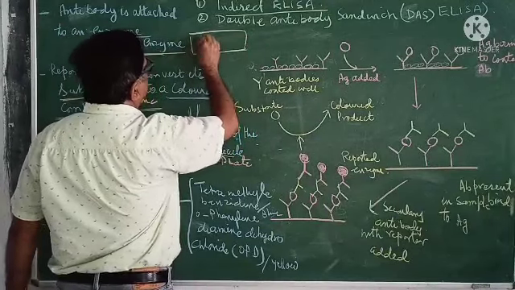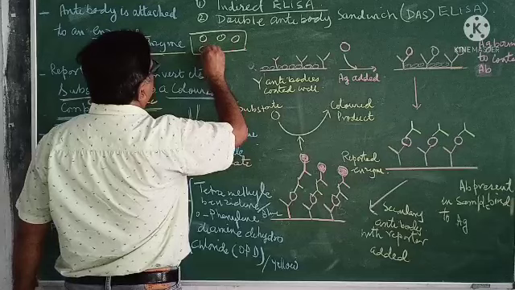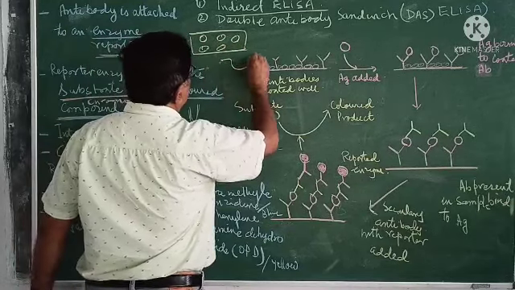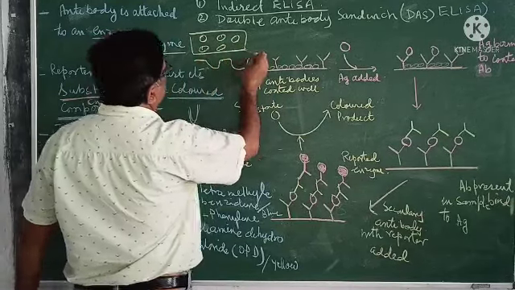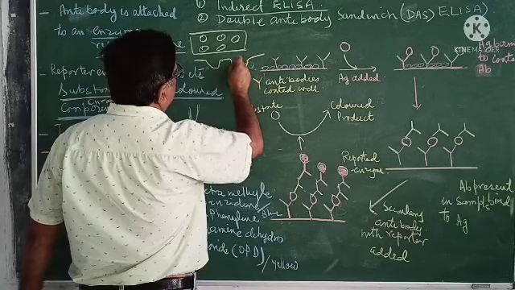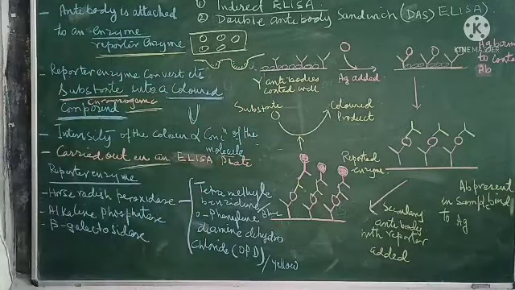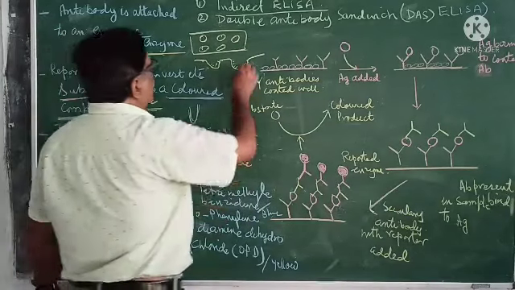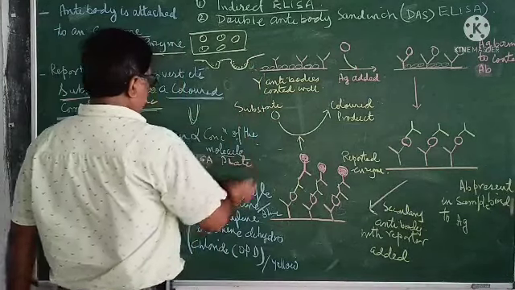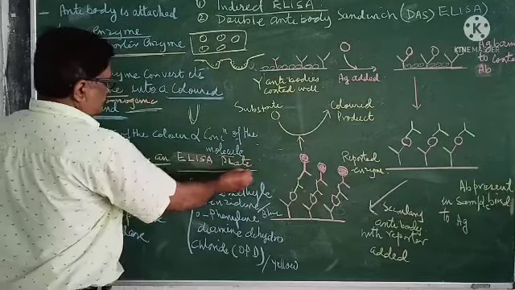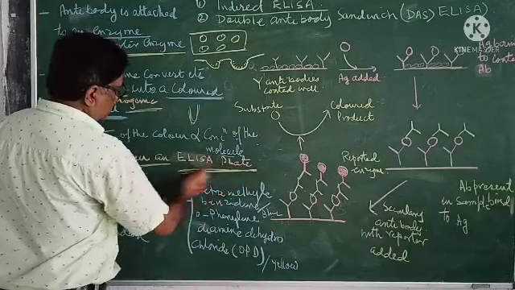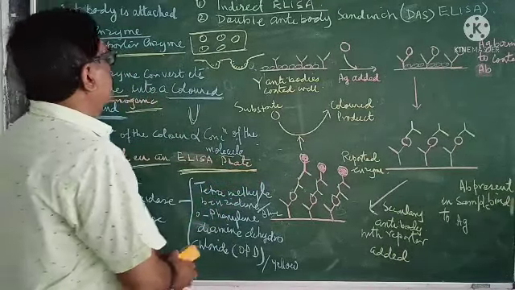It contains several wells, and the wells are coated with the antibodies. So this whole experiment is carried out in a special plate called the ELISA plate.